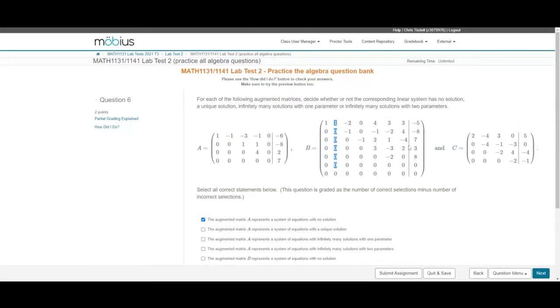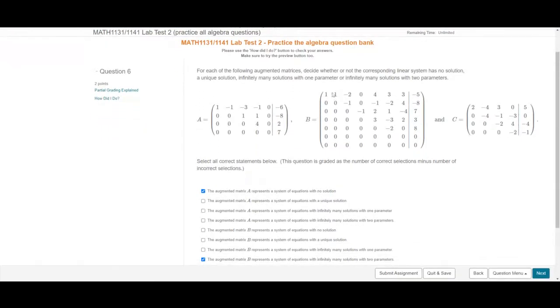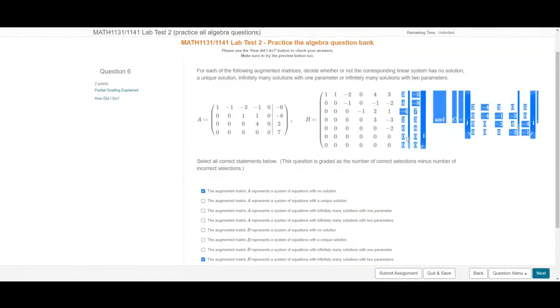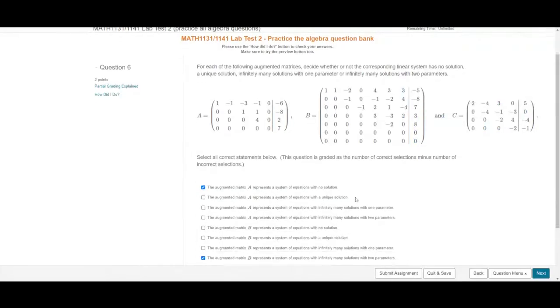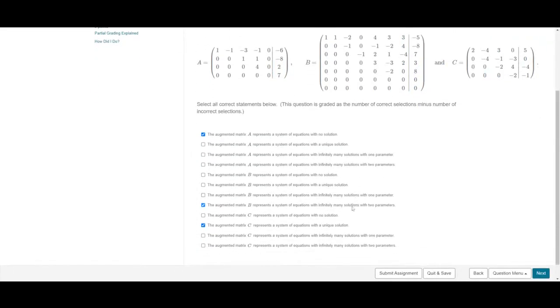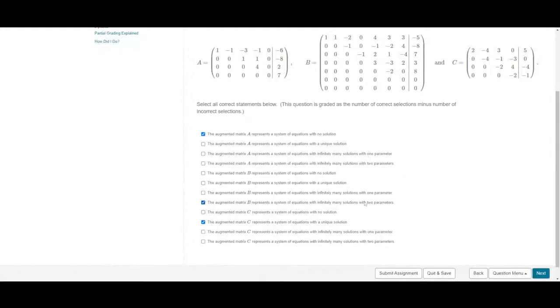Okay? Similarly, there's another non-leading column in there. And so what that means is the variable associated with that row could be anything. That's what we mean when we talk about two parameters, right? So is that becoming a little bit clearer?